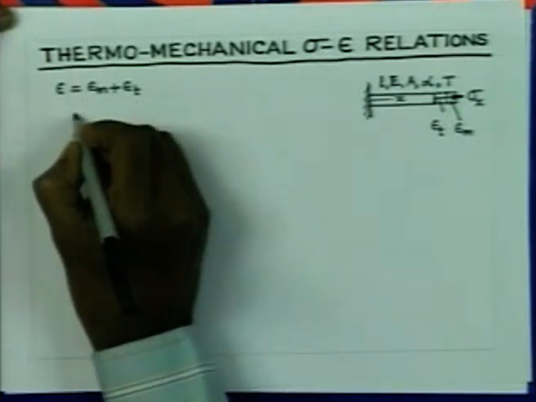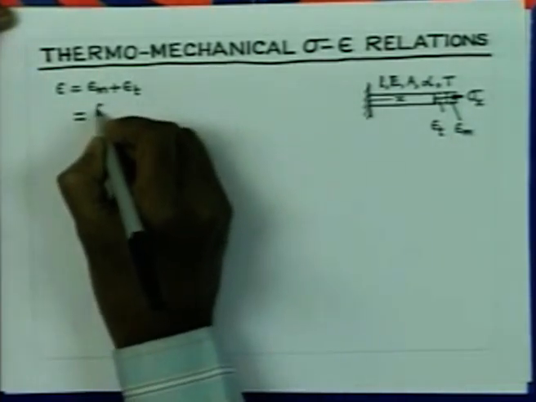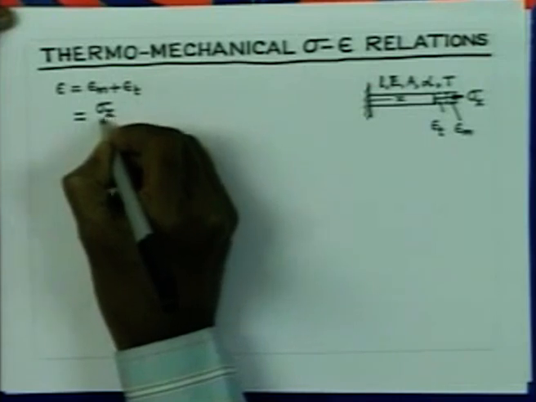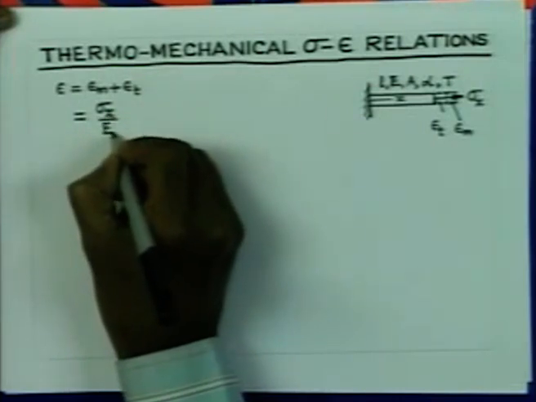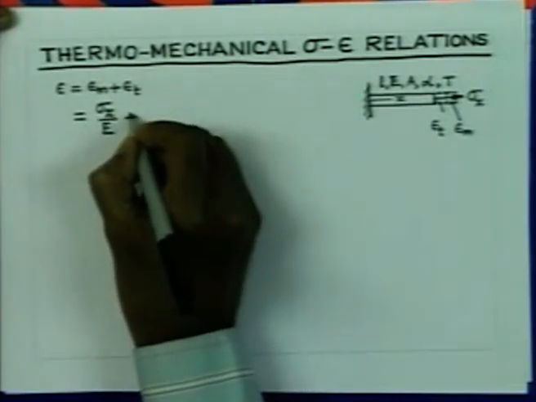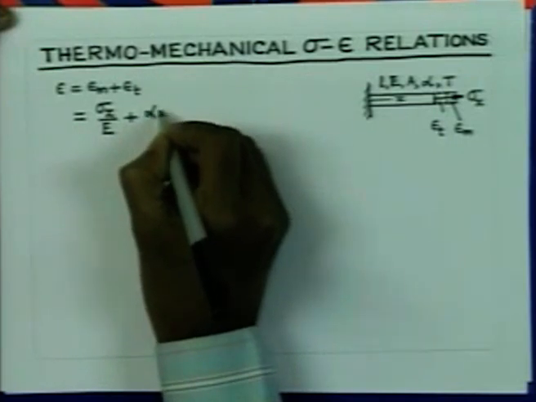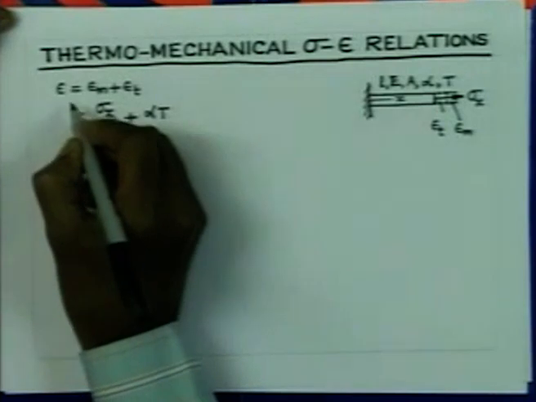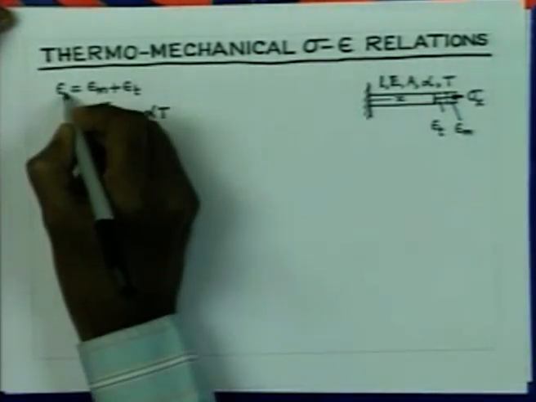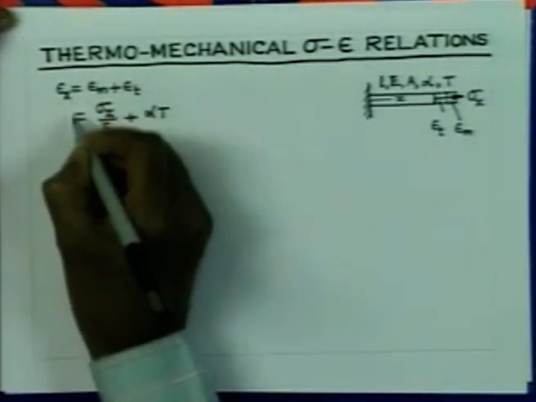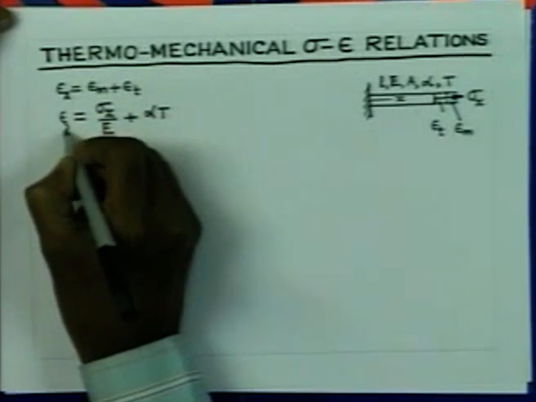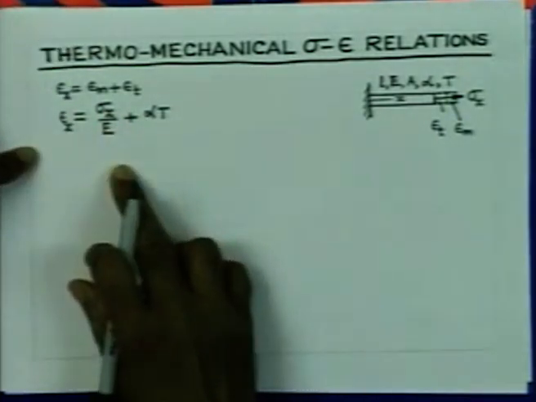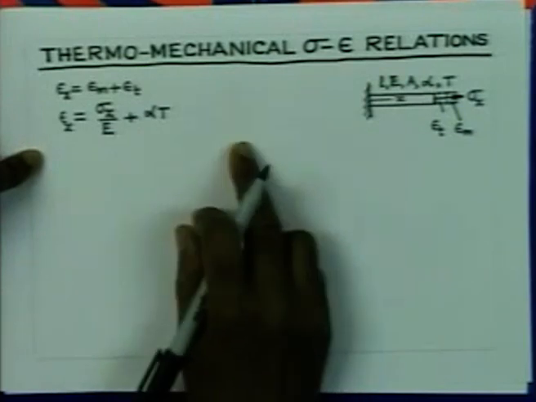Now I can write the value. Mechanical strain is nothing but sigma x by E, and this thermal strain is nothing but alpha into T. So, if we would like to write the total strain in the x direction, epsilon x is equal to sigma x by E plus alpha into T.